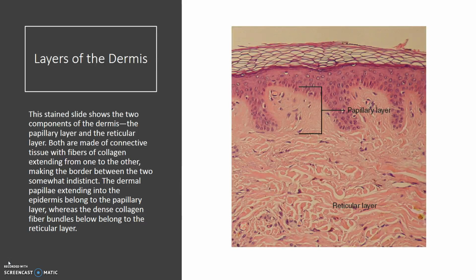Remember, there are two layers, the papillary layer and the reticular layer. The elastin fibers provide some elasticity to the skin, enabling movement. The collagen fibers provide structure and tensile strength, with strands of collagen extending into both the papillary layer and the reticular layer.